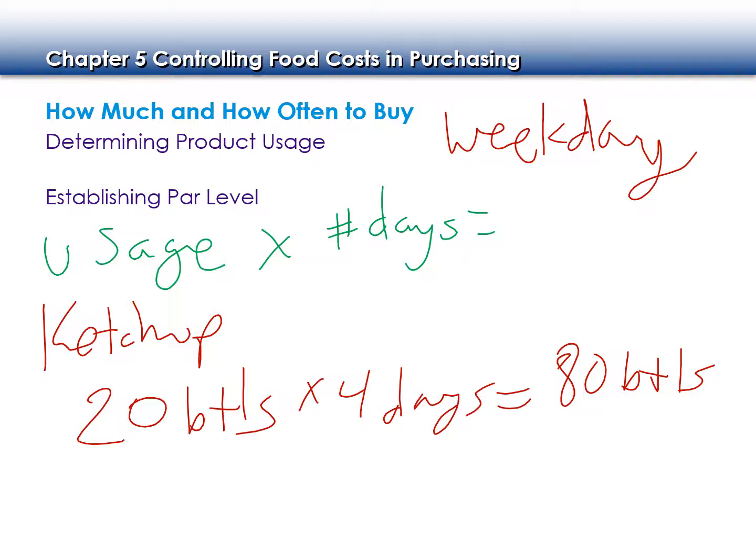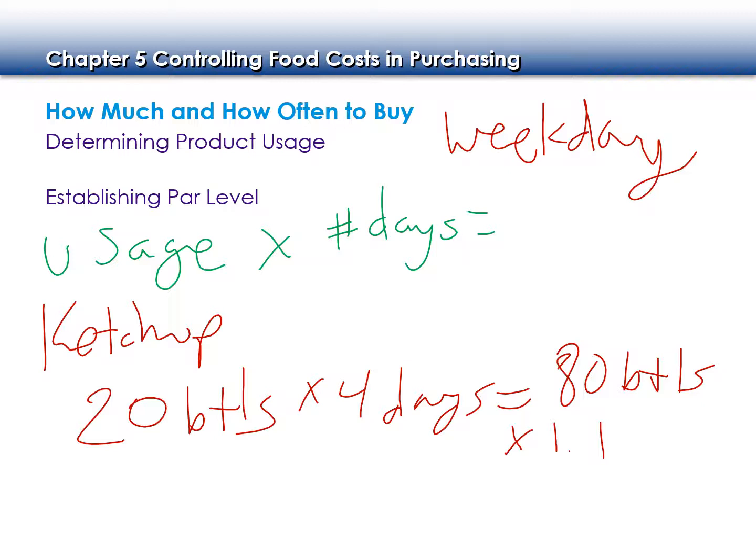So, how do we do a 10% safety factor? What do we multiply by, Michael? 1.1. Why 1.1? Because the 1 is the 80, so we multiply by 1.1. The 1 is the 80, and that 0.1 is the 10%. Okay, so that's our 1.1.